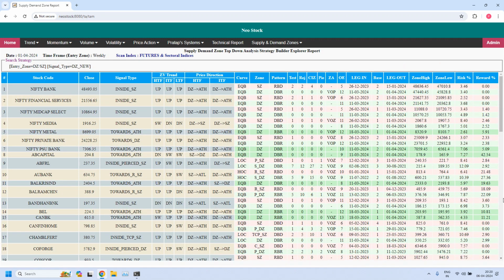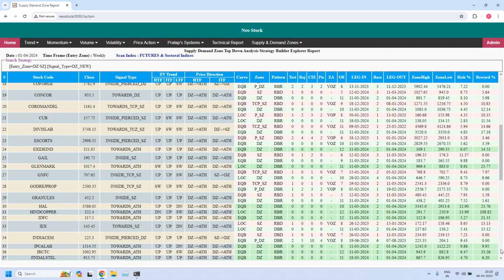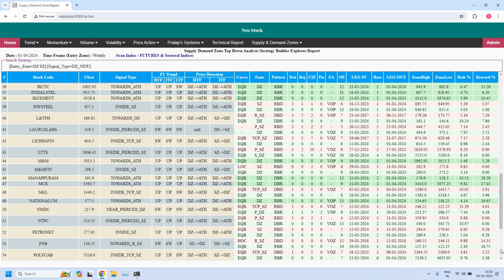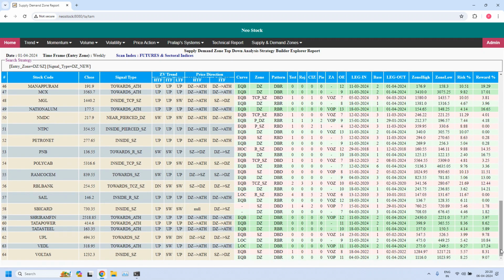Oh, a good number of demand zones are created during this week. 64 stocks having newly created weekly demand zones. Very interesting.